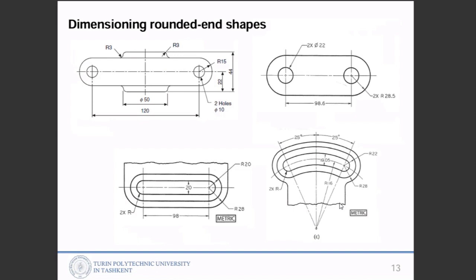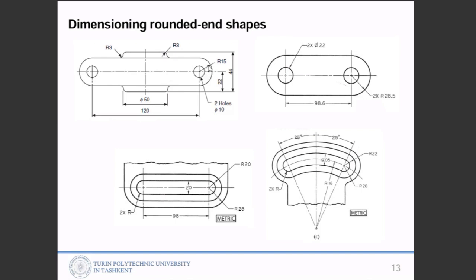Okay, so if you have symmetric shapes, we can use this kind of method. From the center to the other center, from left to right, we draw a 120 distance, and diameter 50, and the center horizontal line, and from the bottom to this horizontal center 22, and the general overall vertical dimension is 44.